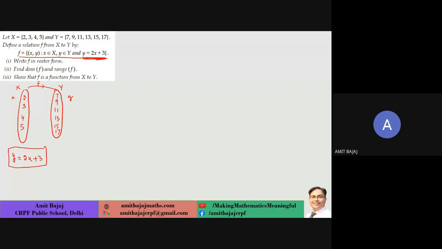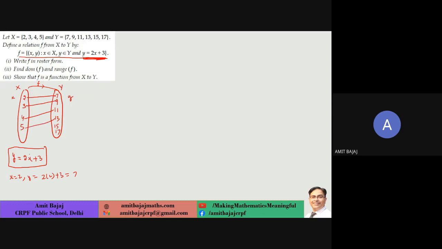So when x is 2, directly we will check it out. When x is 2, y will be 4 plus 3, which is 7. So 2 will go with 7. Similarly, 3 will go with 9, 4 with 8 plus 3, which is 11, and 5 with 13.